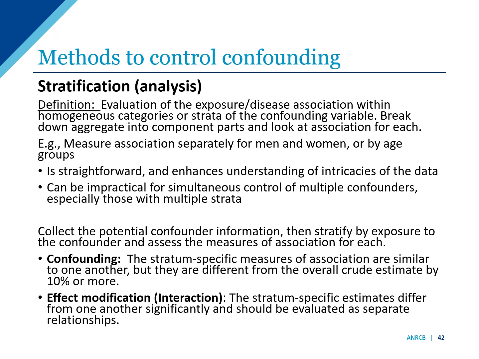In analysis, we can use stratification to observe the association of interest at each level of the confounder. To do this, we collect the potential confounder information, then stratify our data by exposure to the confounder or level of the confounder, and assess the measures of association of our exposure and outcome by each level of the confounder.